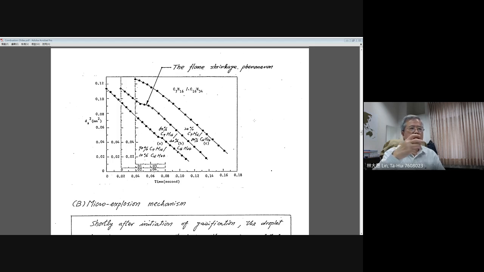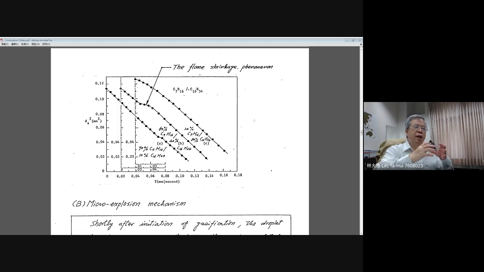Then you need to heat it up, because the boiling points are quite different between C7 and C16. Now on the surface, you just have C16 left. Then you need to wait for the temperature to increase to the boiling point of C16. And in this short period, the heat coming from the diffusion flame will be used to support the preheating of C16. Since the heat is just used for preheating, no gasification occurs.